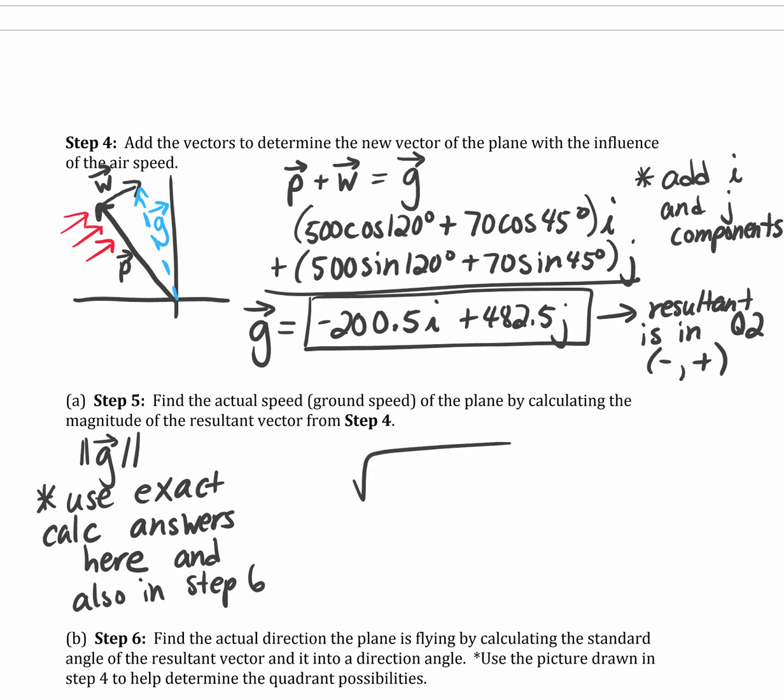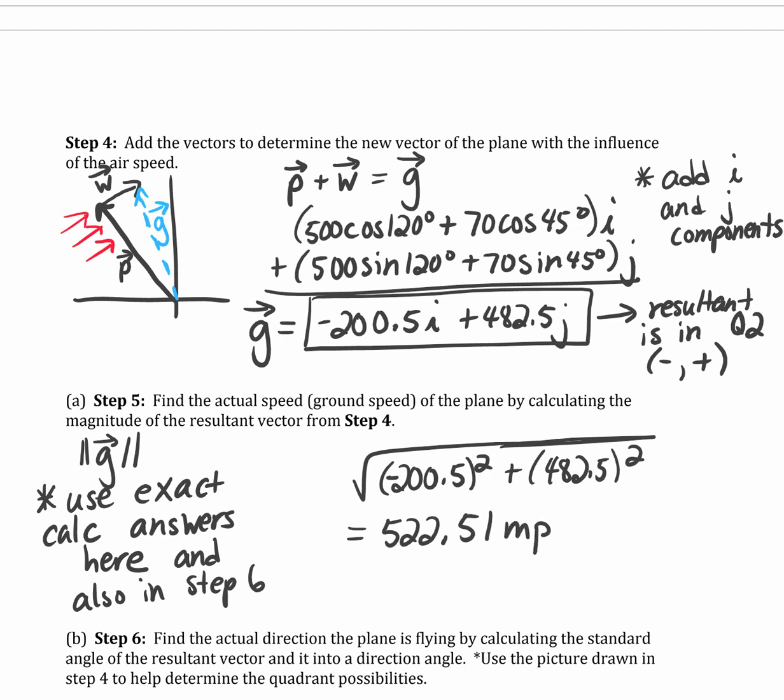So we're going to do square root of negative 200.5 squared. I'd make sure to put that in parentheses because you're going to be bringing that negative down with it. And then 482.5 squared. Again, those are rounded right now, so you're pulling those exact calculator answers down. And then you're going to get about 522.51 miles per hour. That is our ground speed.